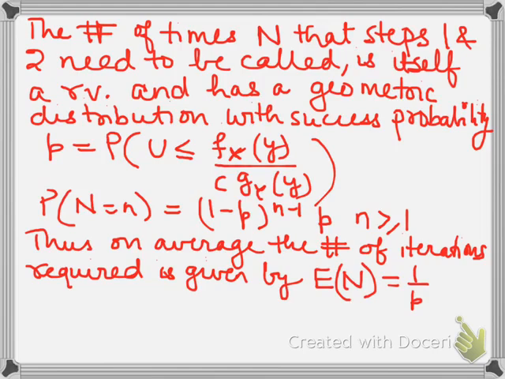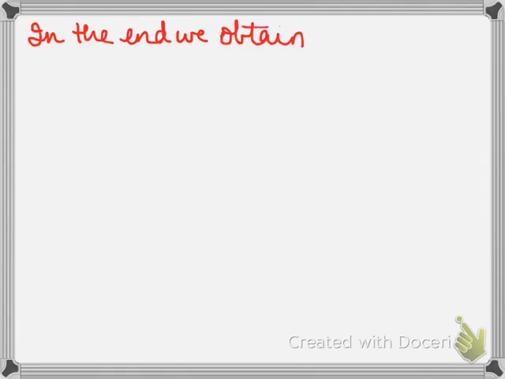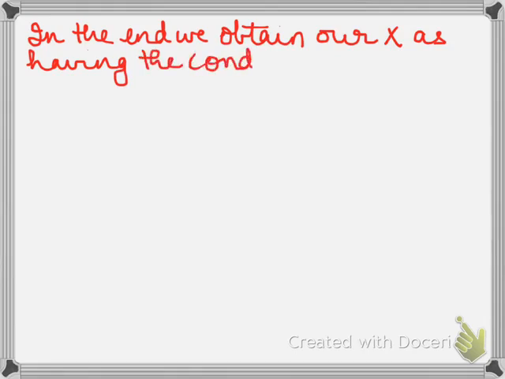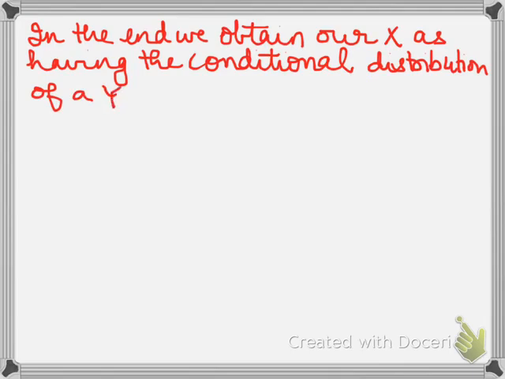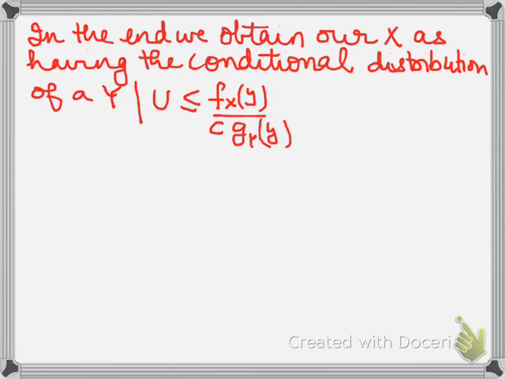So in the end, let's switch the slide. In the end, we obtain our X as having the conditional distribution of Y given U is less than or equal to f(Y) over c g(Y).